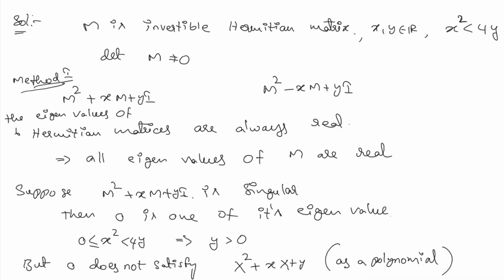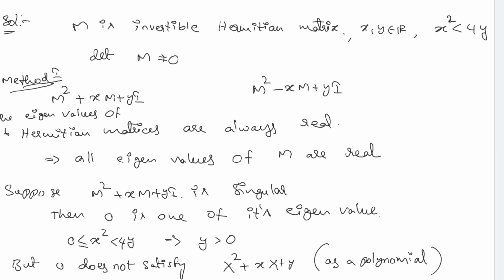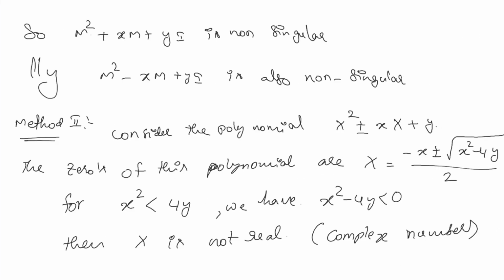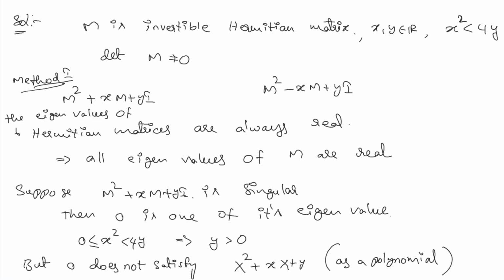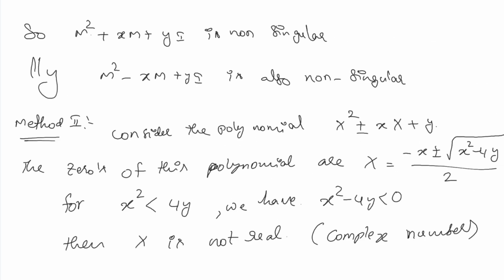But here, for the given matrix M, it is a Hermitian matrix, and we know for a Hermitian matrix the eigenvalues are always real. When we have this as the polynomial, we can see this is nothing but in the form of our given two matrices m square plus xm plus yi, m square minus xm plus yi. So when we say m satisfies this polynomial, then the eigenvalues of m have to be real.